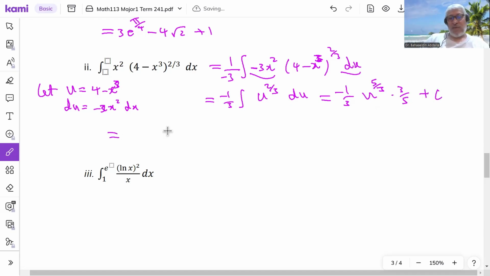So finally, 3 with 3 cancels and I have negative 1 over 5, u to the power 5 over 3. I can go back now to x by replacing u by 4 minus x cubed. So I can write it 4 minus x cubed to the power 5 over 3 plus c. So this would be the final answer.